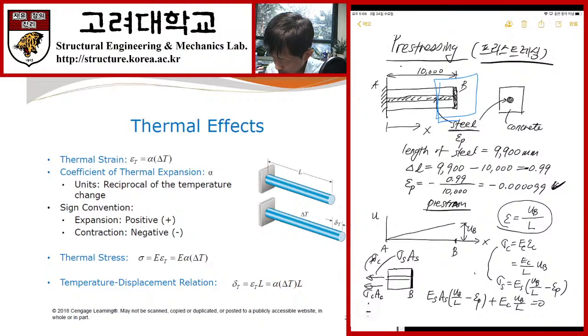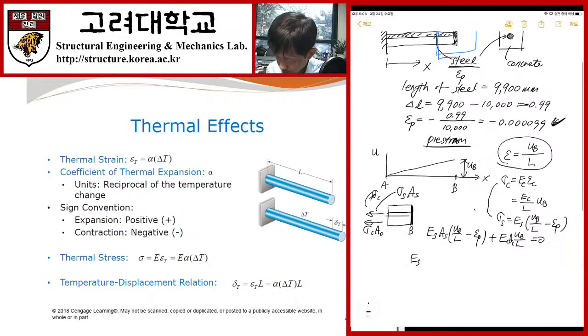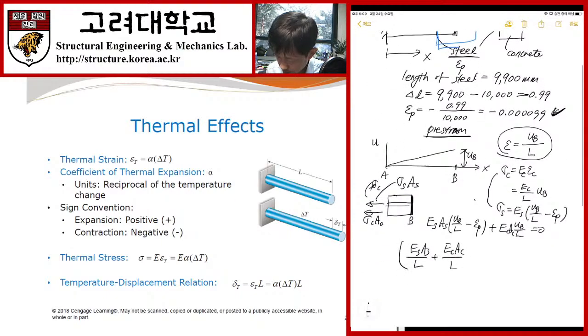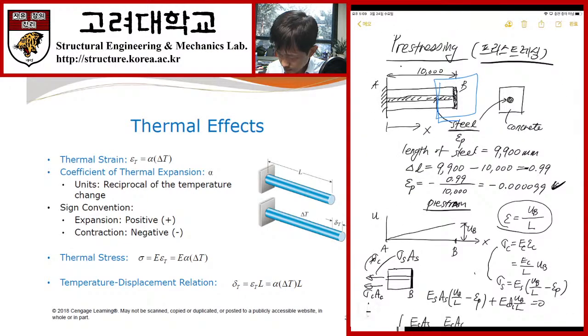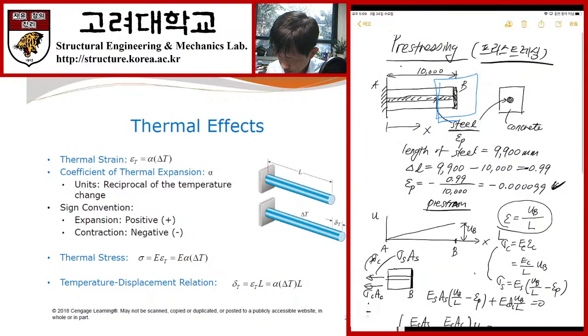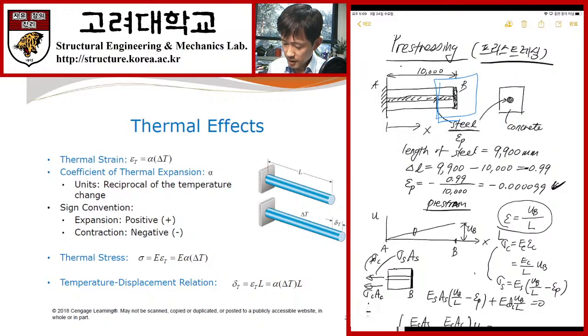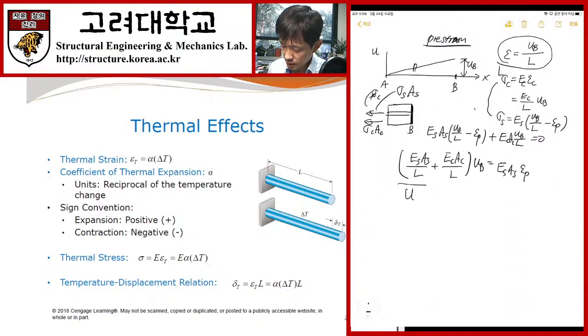And by the way, I need to multiply the cross-section area of A_c. Okay? And then my u_B, we can calculate u_B by using this formula.